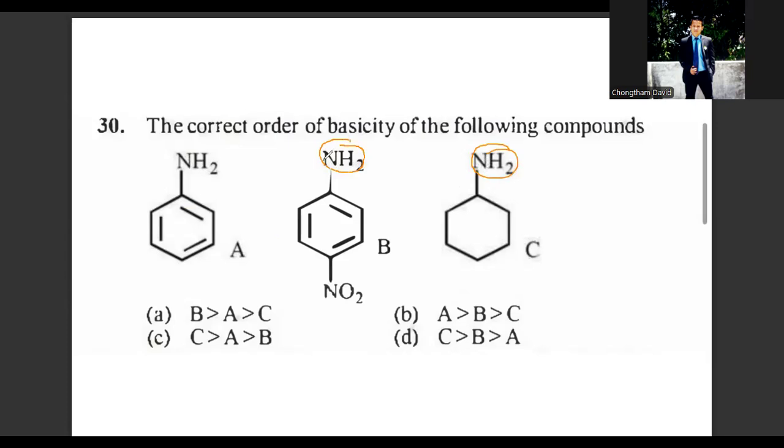Next is the amine, which has an electron withdrawing group, so followed by A. So when you make the sequence, it will be C, B, A. So the most basic will be this one, C, followed by this one, aniline, followed by nitro. So option C.